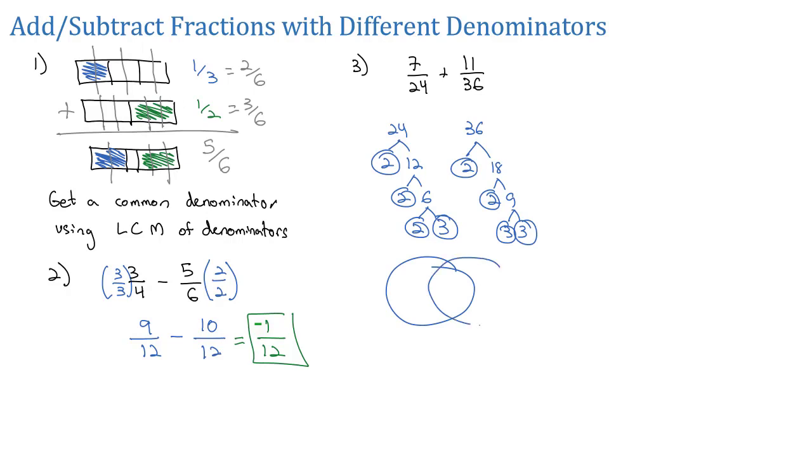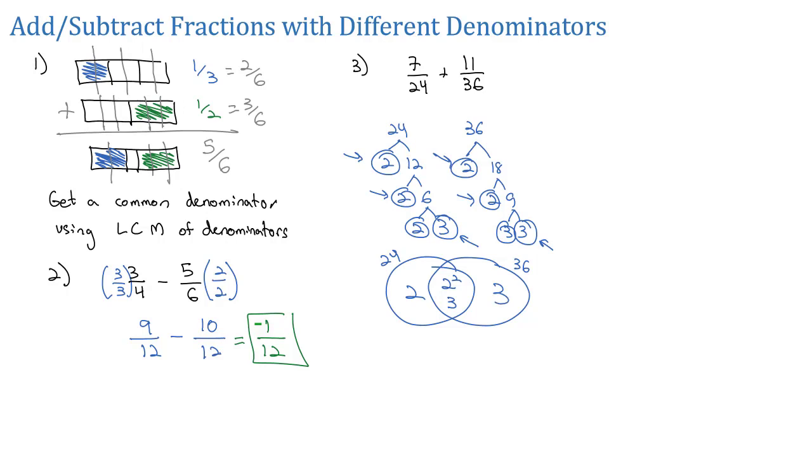The Venn diagram method is really nice for fractions because they all have in common a 2, actually a second 2, so 2 squared. They also have in common a single 3, but the 24 on the left has an extra 2, and the 36 on the right has an extra 3.